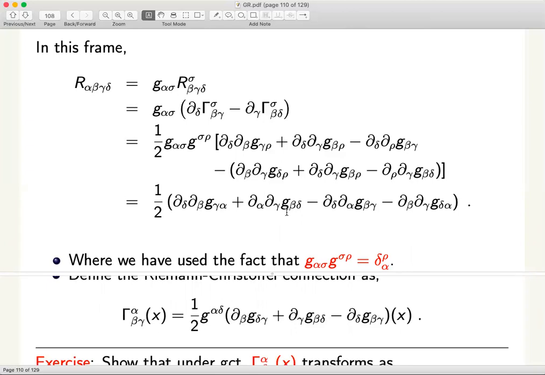What I have written here is all the terms where I have taken the derivative of the terms inside the parenthesis. You only need to look at the first row, and the second term is the second row. The reason I have not differentiated G inverse with respect to x delta is that we have chosen the coordinate system in which gamma is 0.